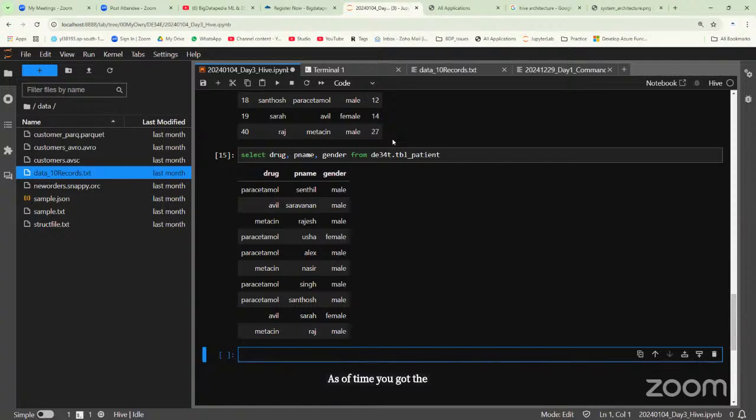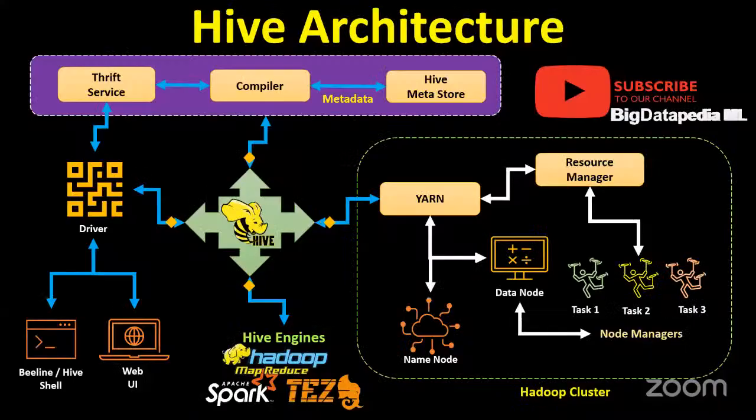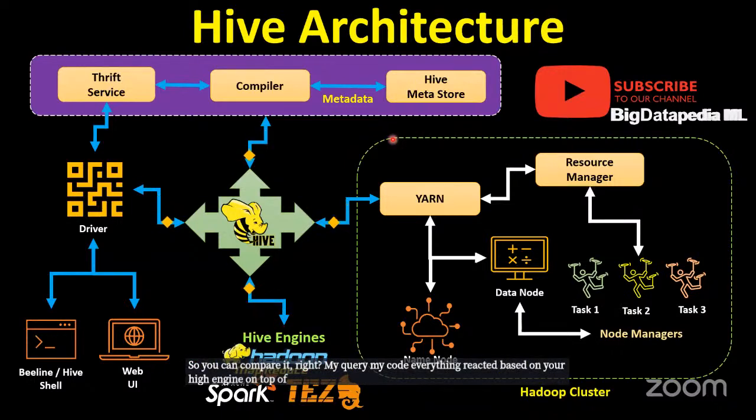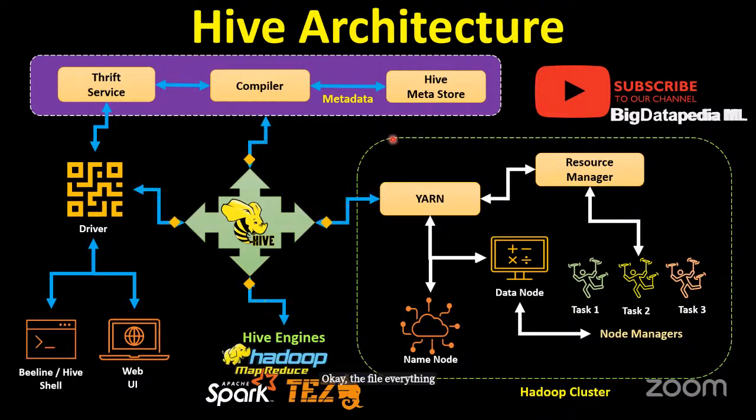What is happening inside? Any question on this? No, Dinesh. So you can compare it, right? My query, my code, everything is reacted on by your Hive engine on top of a Hadoop file object. The file, everything, is stored in Hadoop. On top of that layer, I create a table.